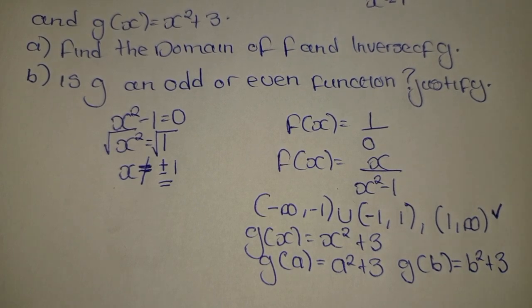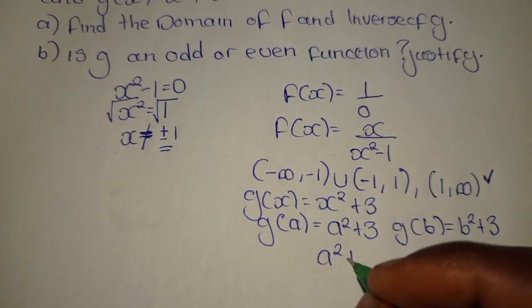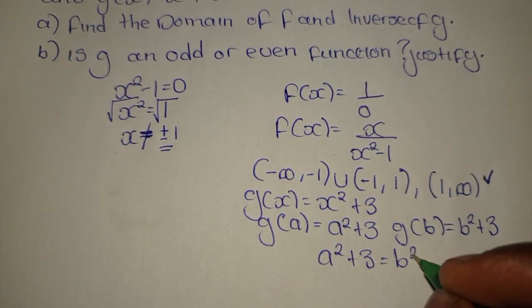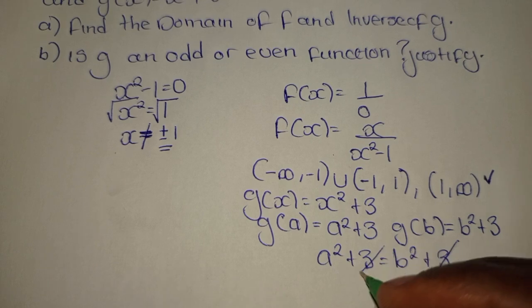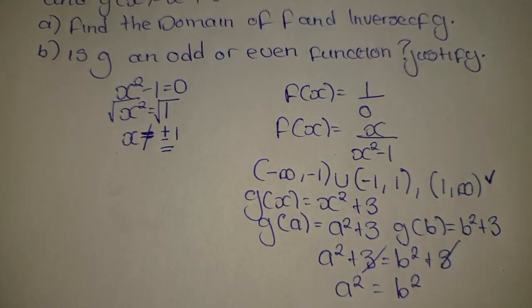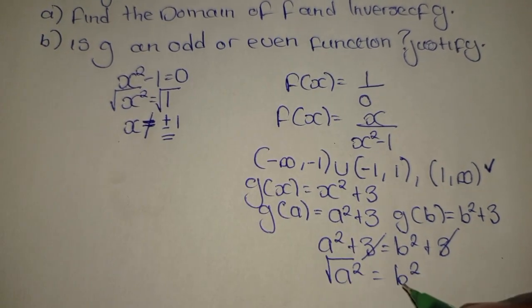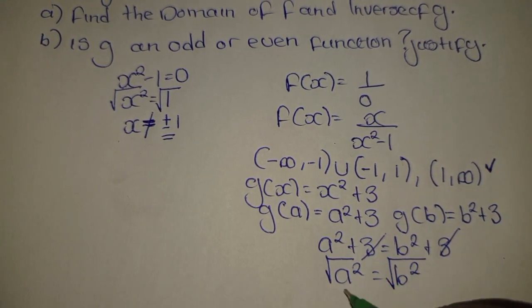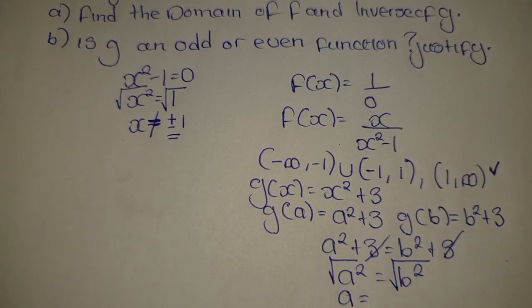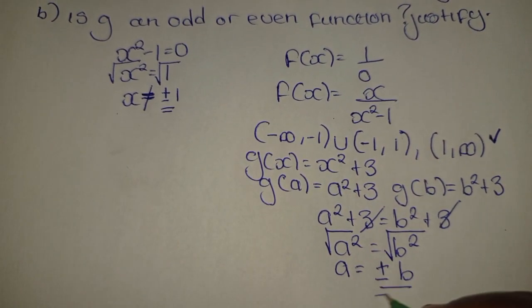Having done this, we equate these to each other, and we have a squared plus 3 is equal to b squared plus 3. The 3s cancel, and you have a squared equal to b squared. Solving for a, we take the square root of both sides, and the two values you get are positive and negative b.